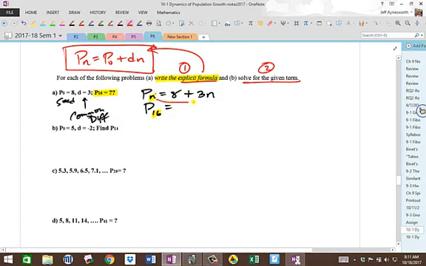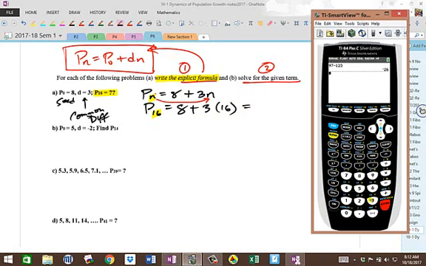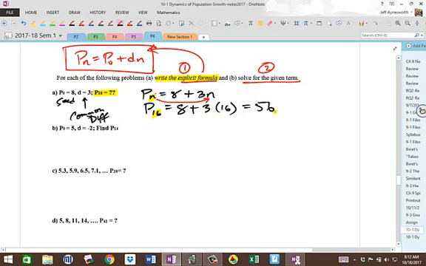Whatever n is, you substitute that in. So you take 8 plus 3 times 16. What is that? Well, 3 times 16 is 48, and then you add 8 more, and you get 56. And that's how the game is played.